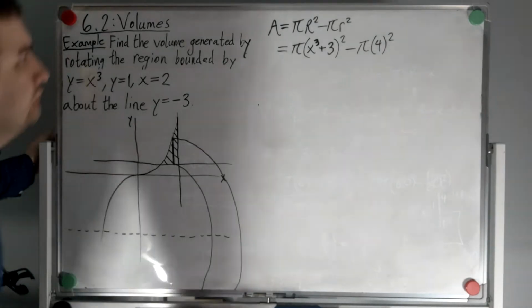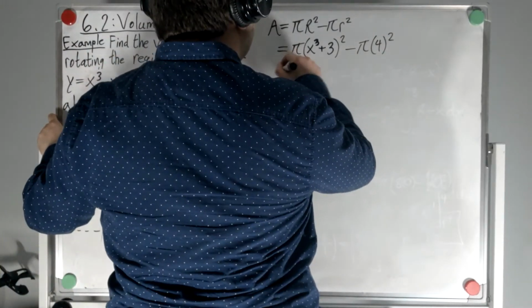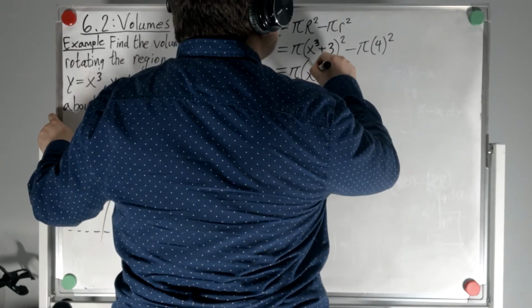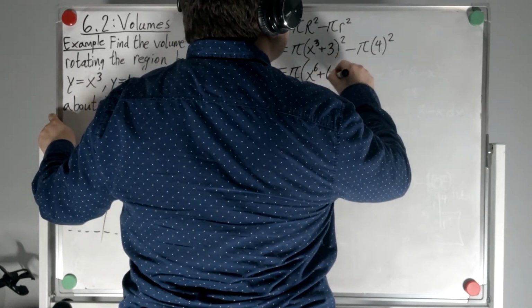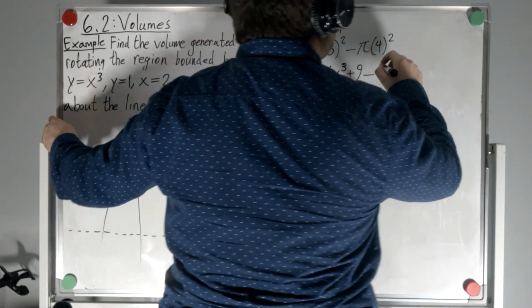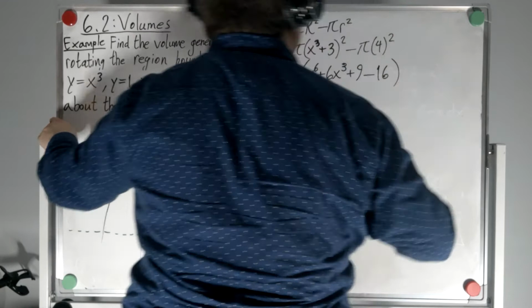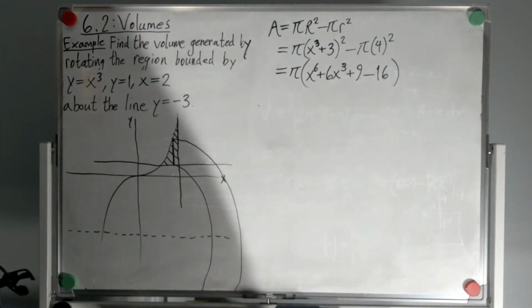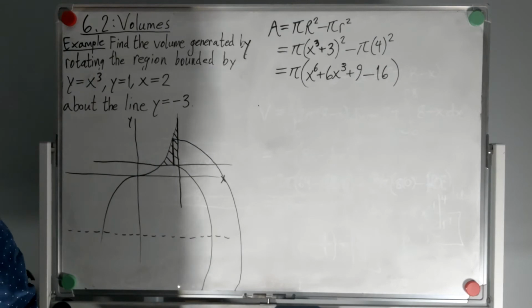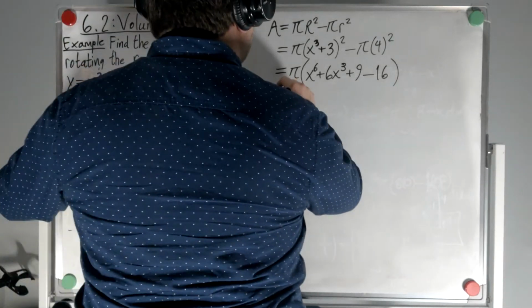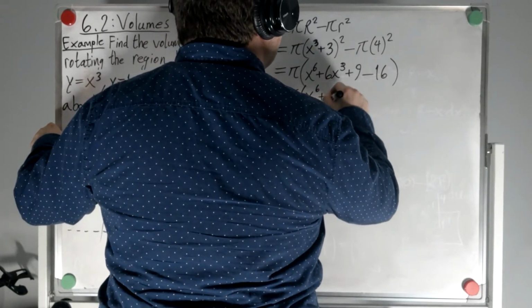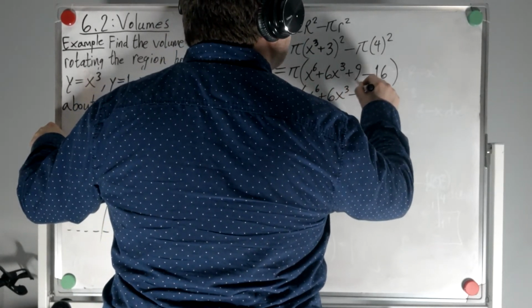Okay. And so this can be written as pi times x to the 6th plus 6x cubed plus 9 minus 16. So then we have pi times x to the 6th plus 6x cubed minus 7.